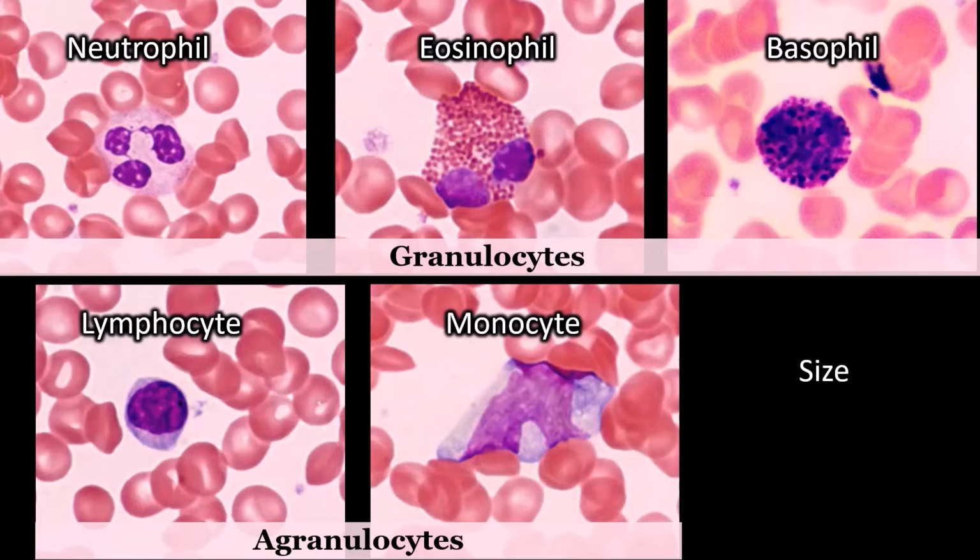The lymphocyte, the nucleus is usually about the size of 1 red blood cell, and that usually stays the same. However, what can change is the amount of cytoplasm outside of the nucleus.